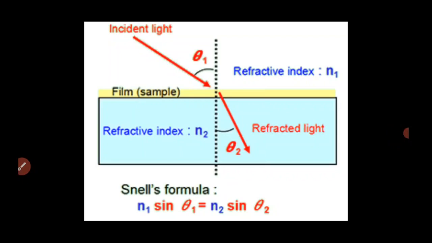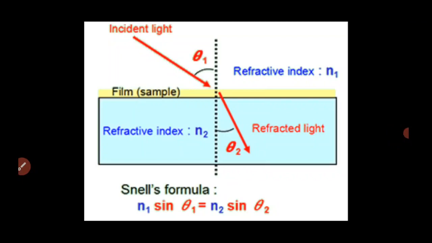Here the incident light theta 1 is in the air medium with refractive index N1, and then it enters the denser medium, which may be water or glass, with refractive index N2.